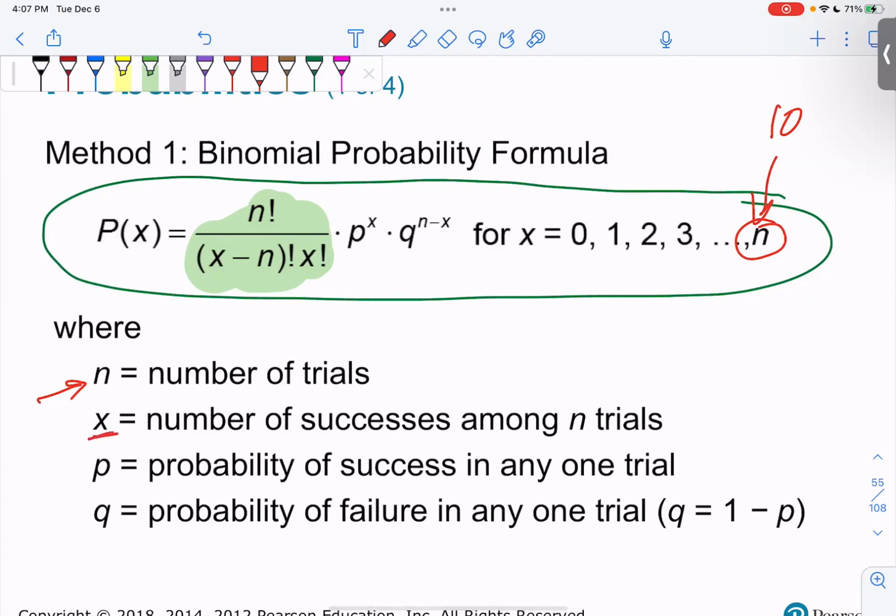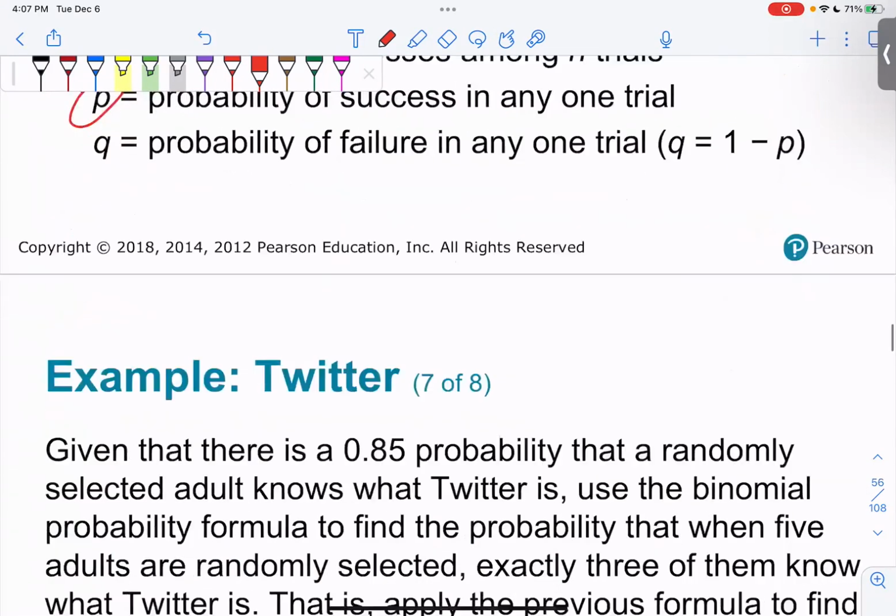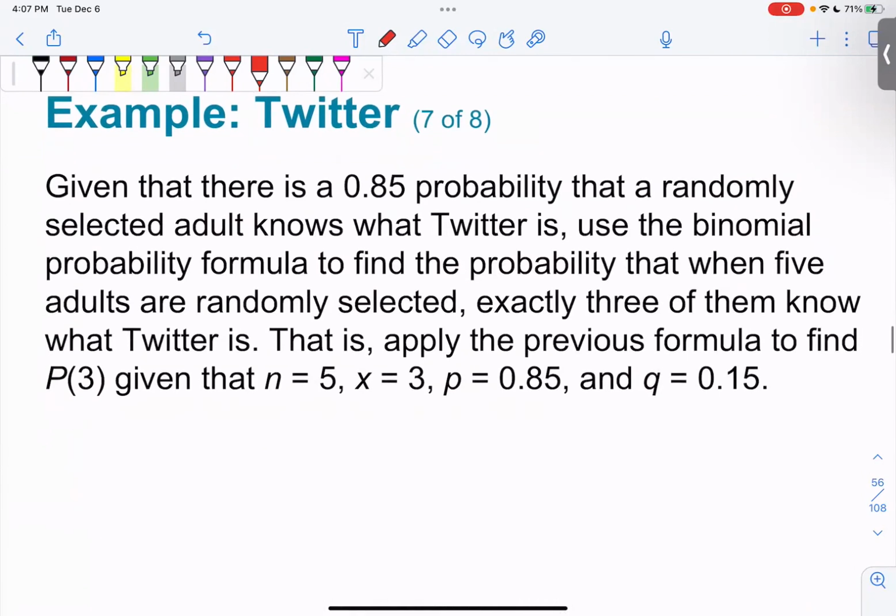X is the number of successes among N trials. And then P is the probability of success in one trial, or in any trial, and it must be equal from trial to trial. So for trial 1 and trial 5, 10, 15 it must be equal, and Q is the probability of failure.